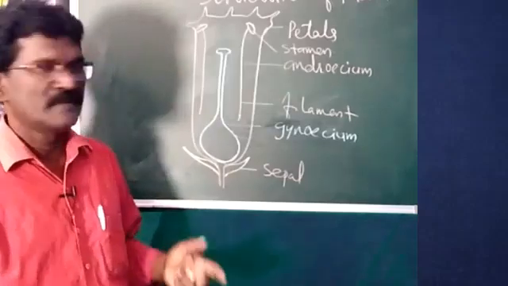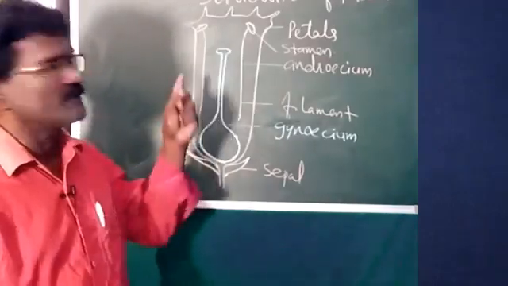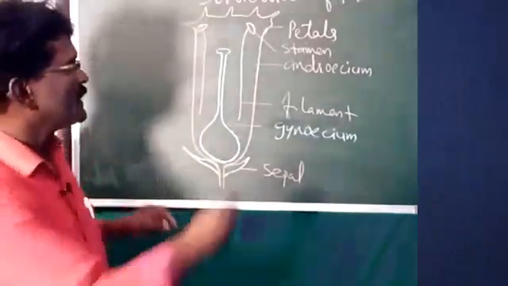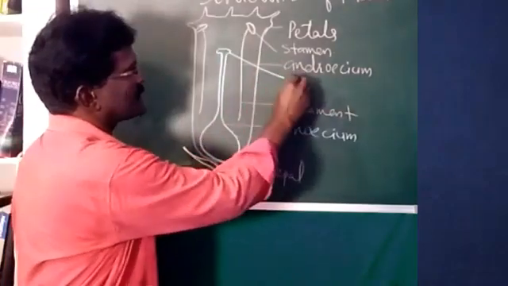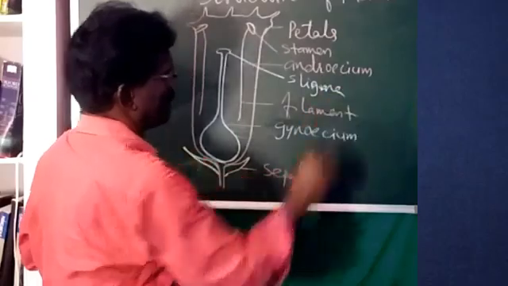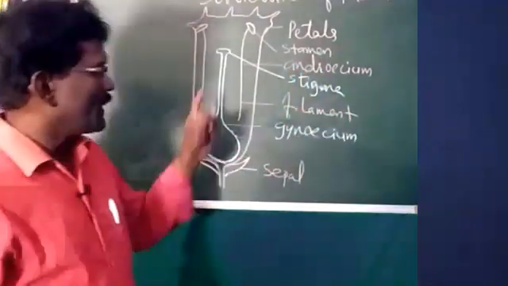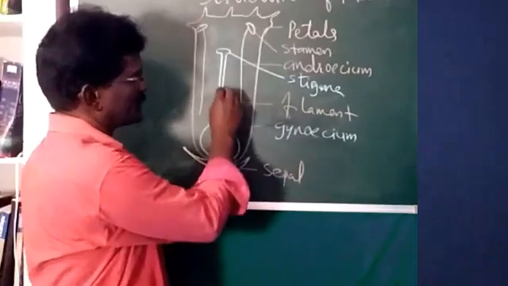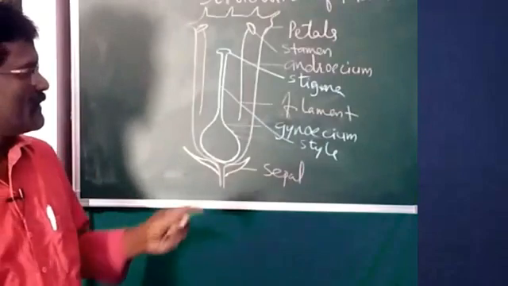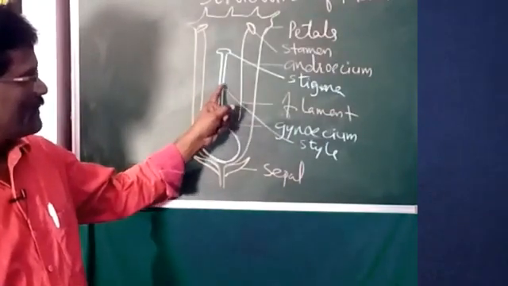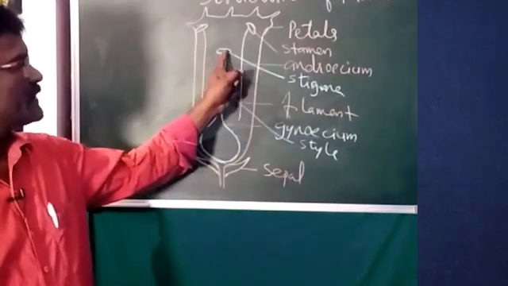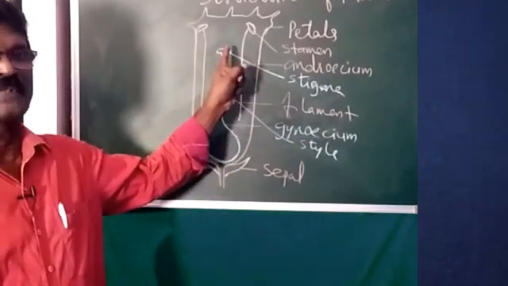Carpel is the word used for the female reproductive part. So gynoecium consists of three parts. This part is the stigma. And this filament is called the style, the elongated filament, and the stigma is the part onto which the pollen grain falls.